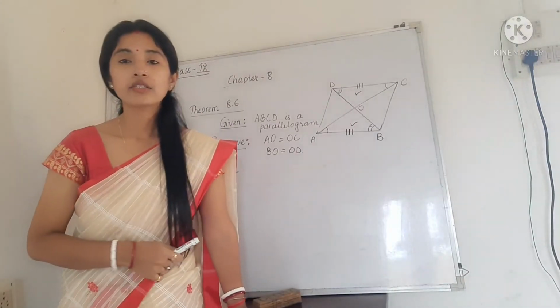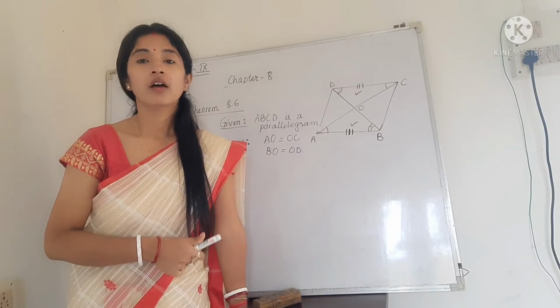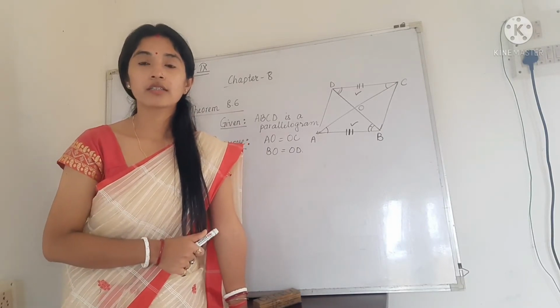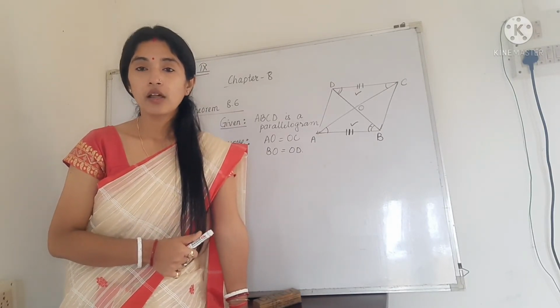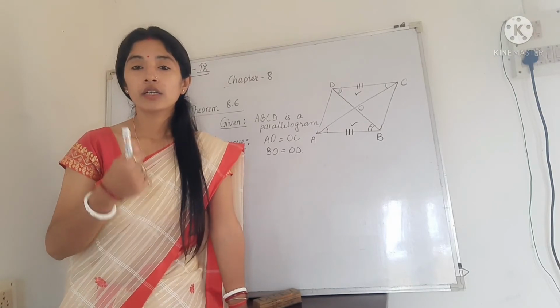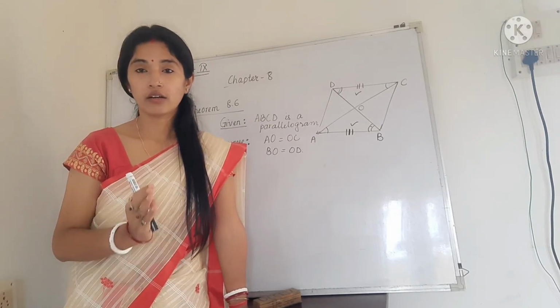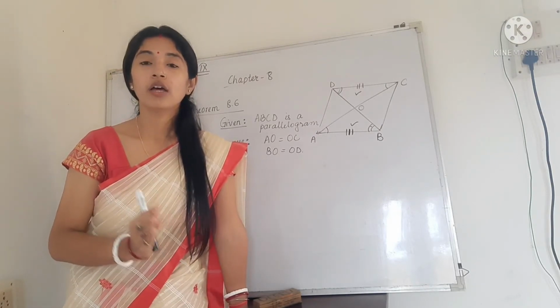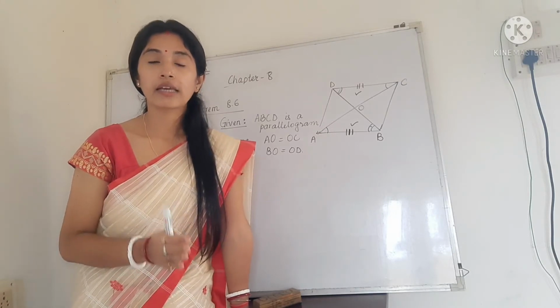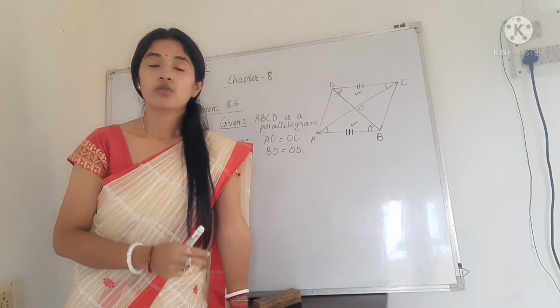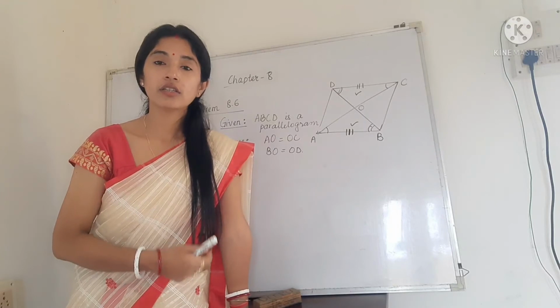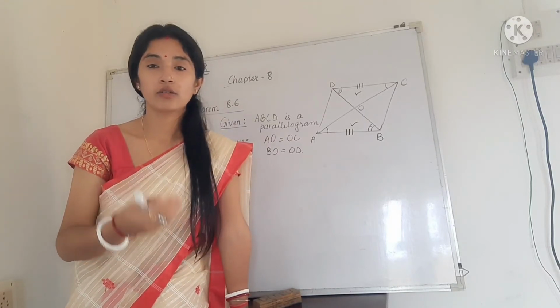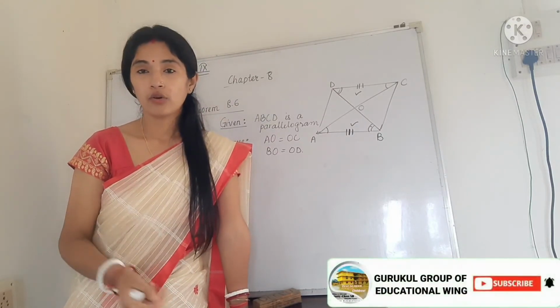So the next theorem is theorem 8.7, which is the converse of theorem 8.6, and that is also very simple. There it is given that a quadrilateral is given to you, and in that quadrilateral the diagonals are bisecting each other. Then you can say that that quadrilateral is a parallelogram.